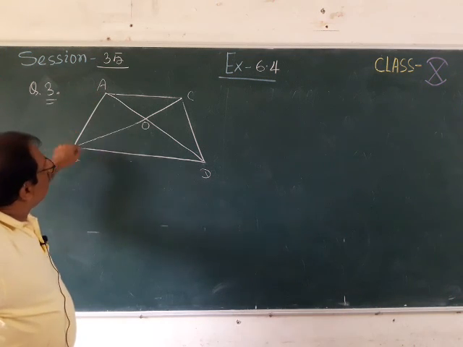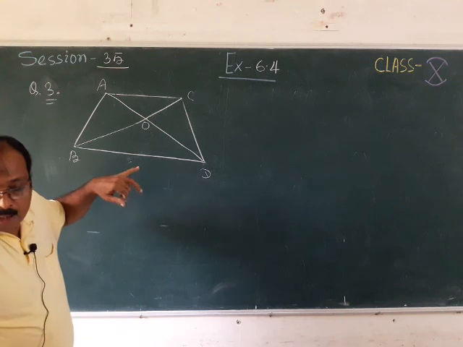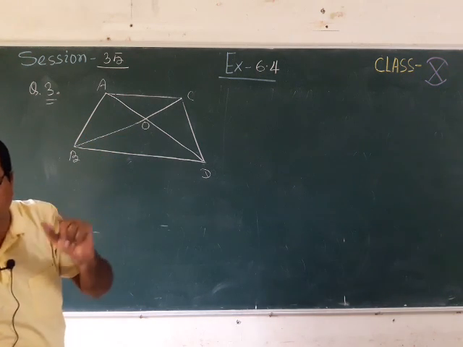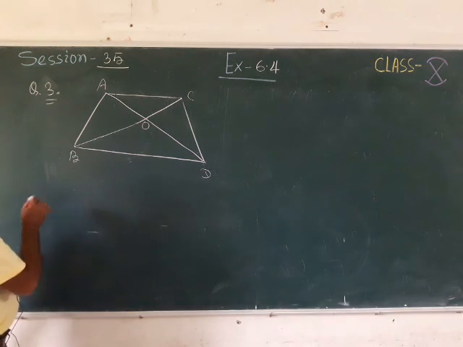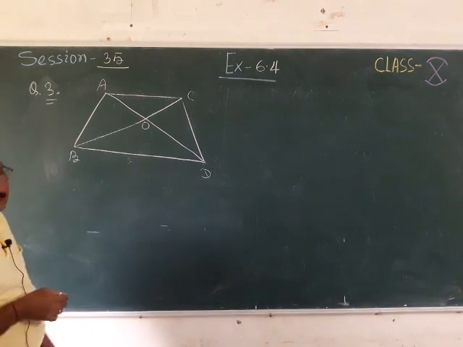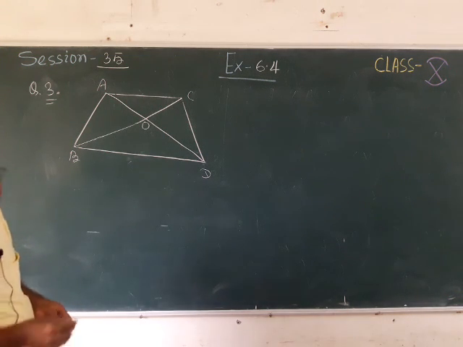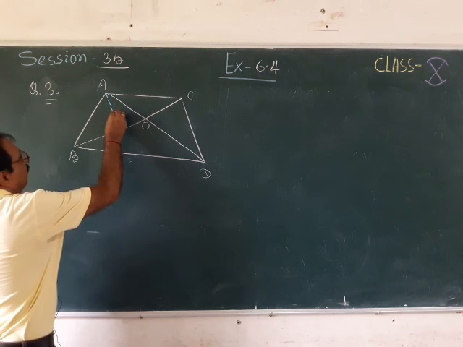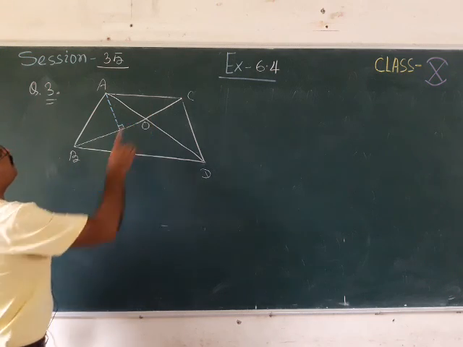area of triangle ABC upon area of triangle DBC is equal to AO upon DO. So, for this, what to do? For this, we have to do some construction work, then only can we prove it. What construction do we need to do? Draw a perpendicular on BC.